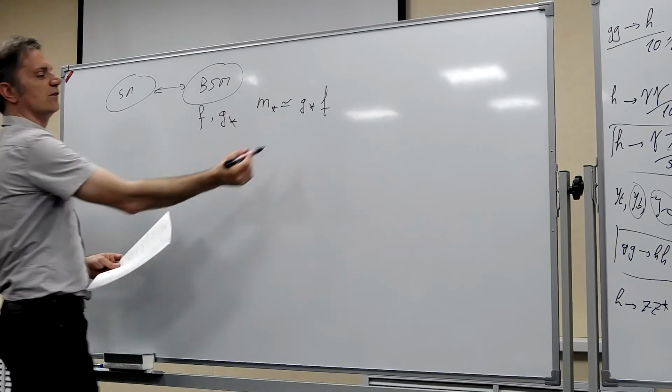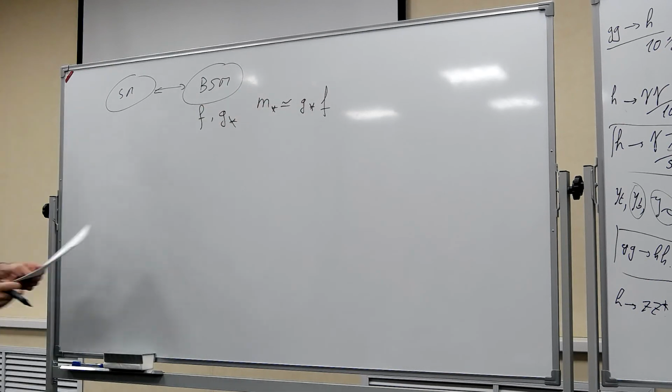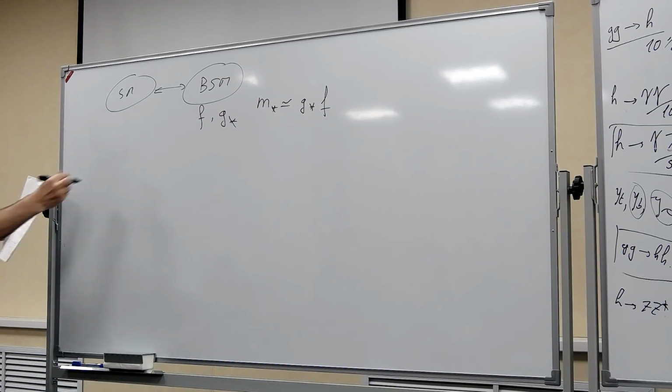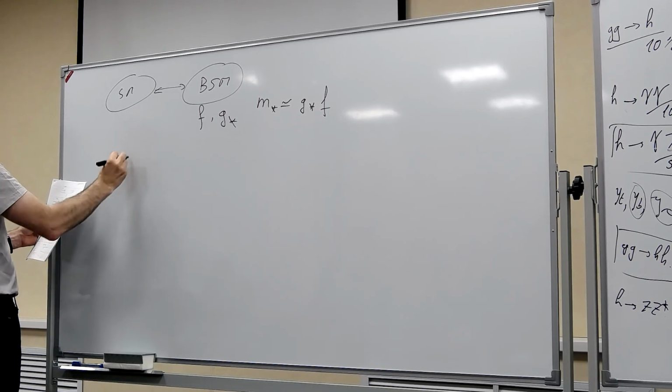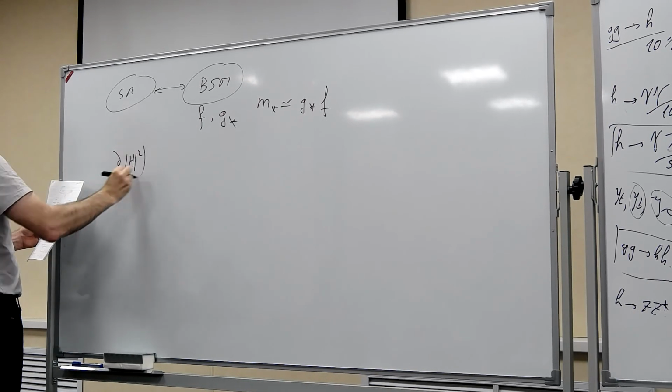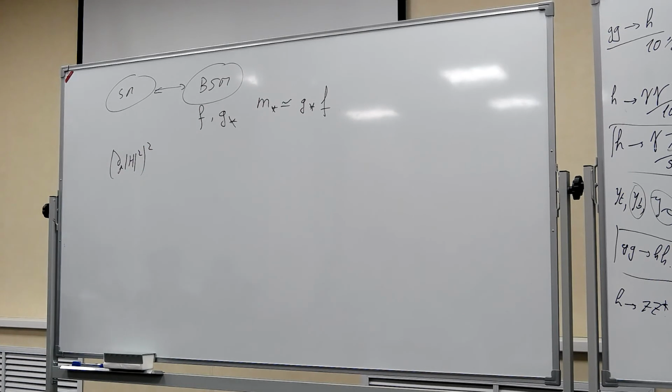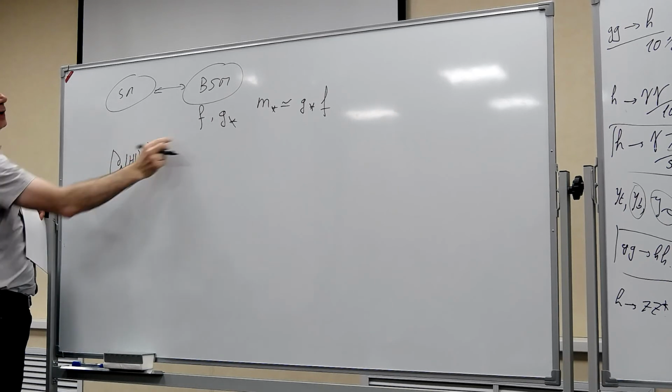So you can repeat the exercise for other operators. There are actually 4 types of operators like that, which will be suppressed by 1 over f squared. This is h bar d mu h squared. This is also 4 powers of the H field, so it will be 1 over f squared.